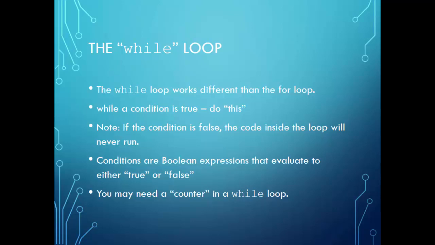Say you wanted to do something a certain number of times. While the counter is less than 10, you want it to iterate. If you don't add a counter variable that's going to increment inside, then you're going to end up with a loop that never ends, and that's called an infinite loop, and that will lock up your code.